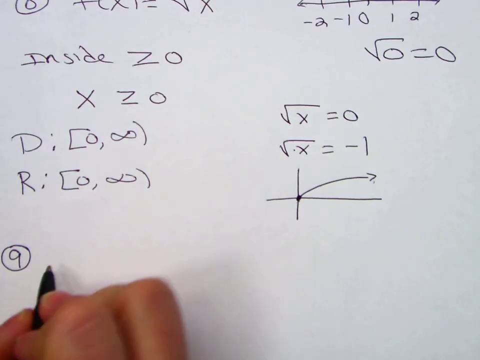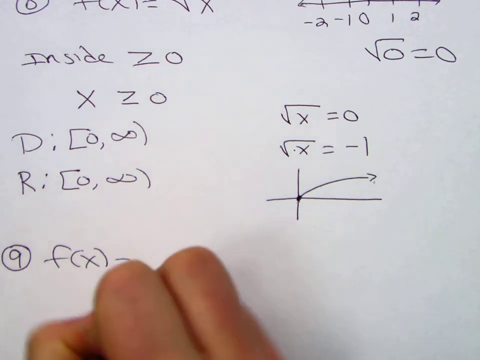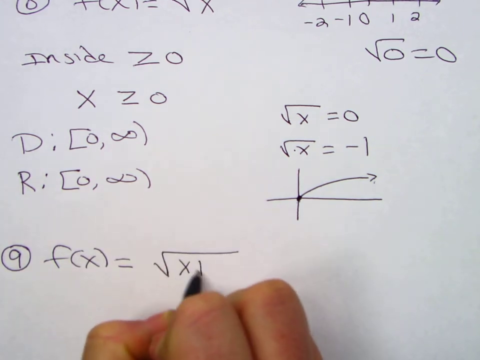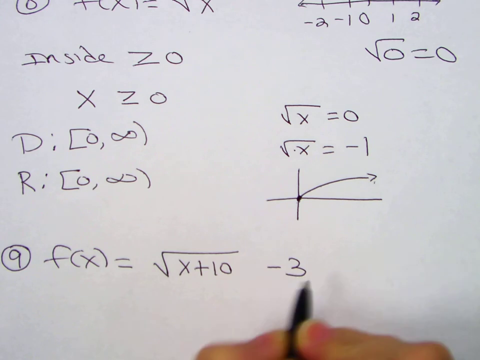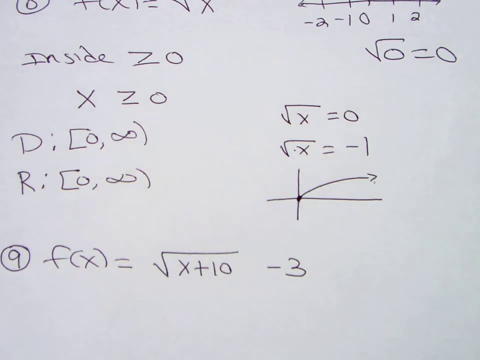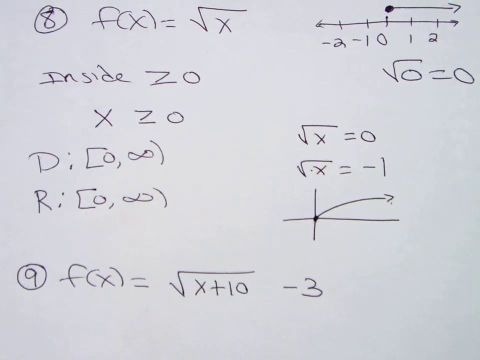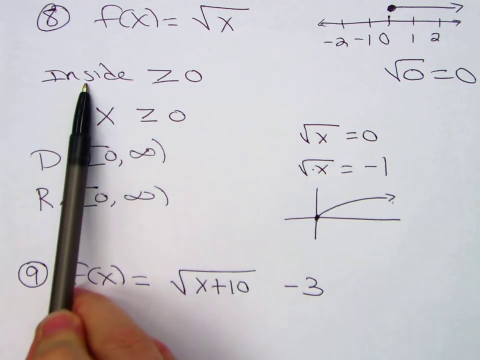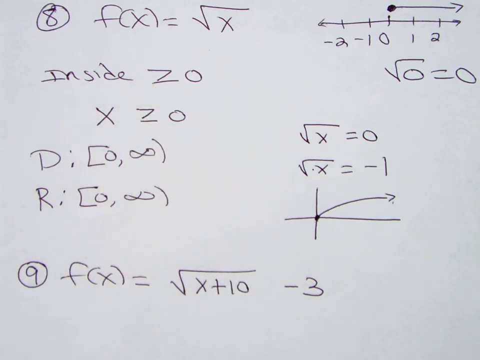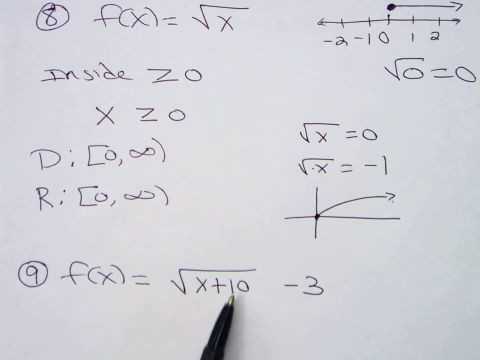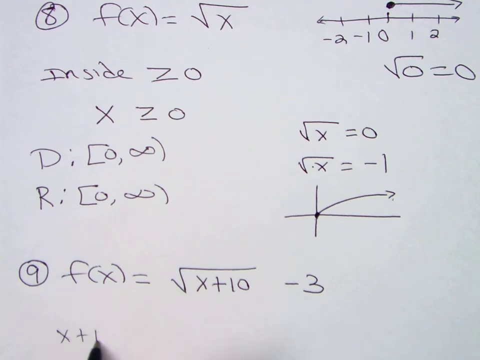Okay, f of x equals radical of x plus 10, minus 3. Now, what is the domain? What did I give you as a rule? The inside is greater than or equal to 0. The inside, x plus 10, is greater than or equal to 0.